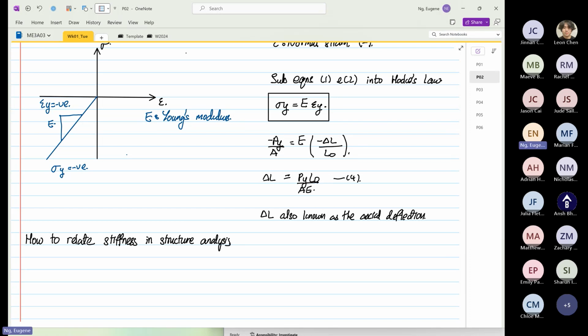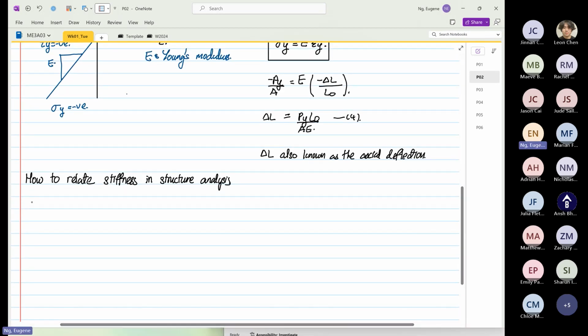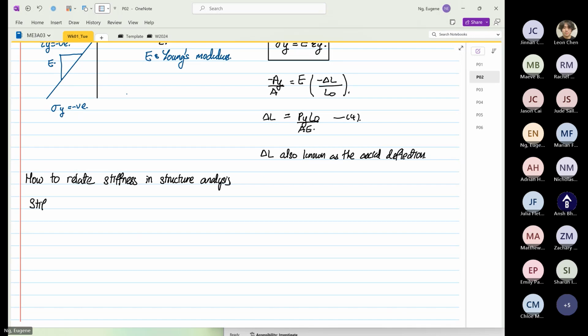So we know that the general notation for stiffness is K, and the units are in Newton per meter.